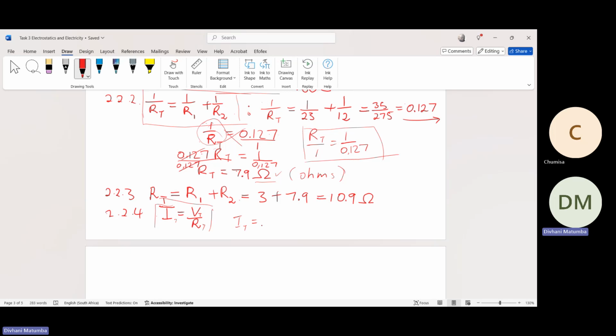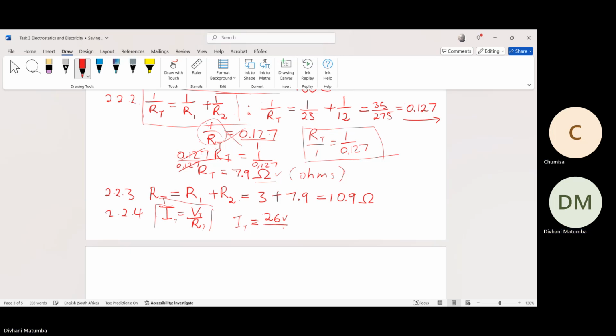It is not. It is the total resistance. The total potential difference is the potential difference that is supplied by the battery, because the battery is supplying the entire circuit. So we are trying to find the total, or the overall current, using the potential difference across the battery.